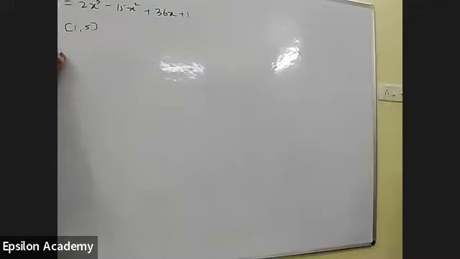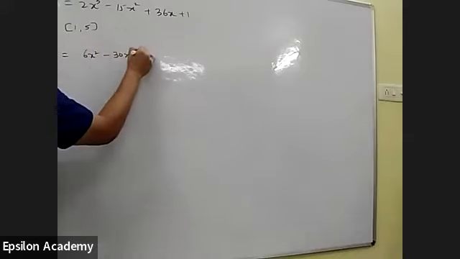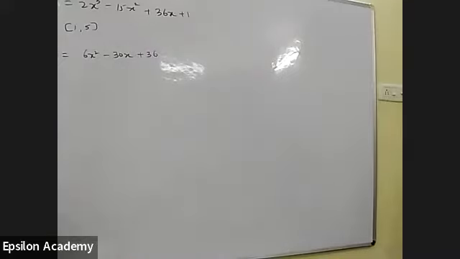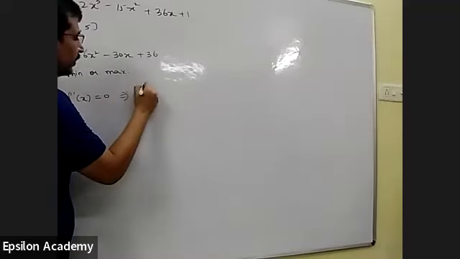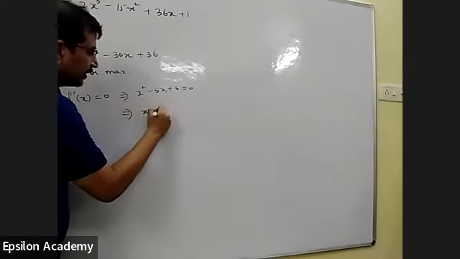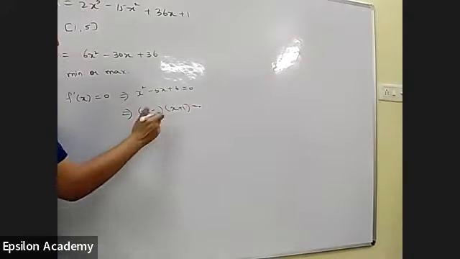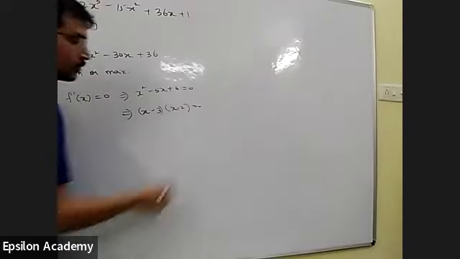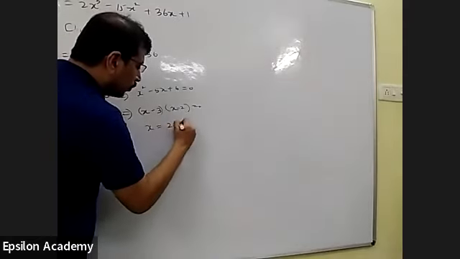So what is f dash of x? 6x squared minus 30x plus 36. For minimum or maximum, the condition is f dash of x equal to 0. So x squared minus 5x plus 6 is 0, which implies x minus 3 into x minus 2 is 0. So x will be 2 or 3.